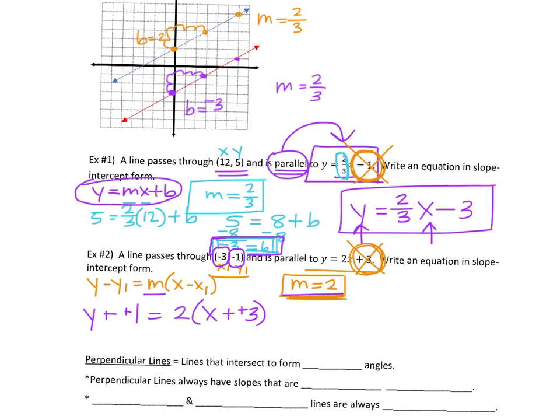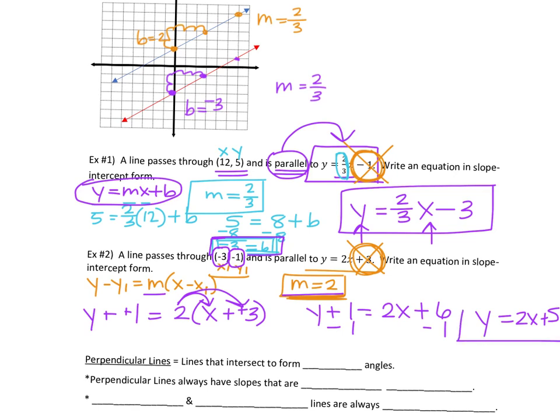Okay, so we have y plus 1 equals 2 times x plus 3. They want it in slope-intercept, so how do you turn that into slope-intercept? We're going to distribute first. Okay, so it's going to be y plus 1 equals 2x plus 6, okay? And then we're going to subtract 1, and we get y equals 2x plus 5. And that will be our answer.